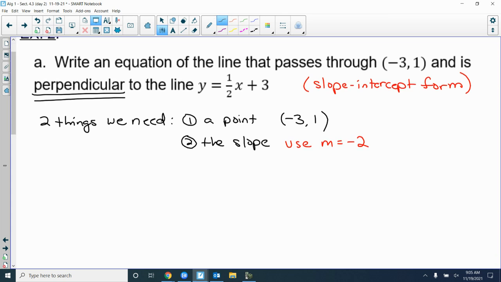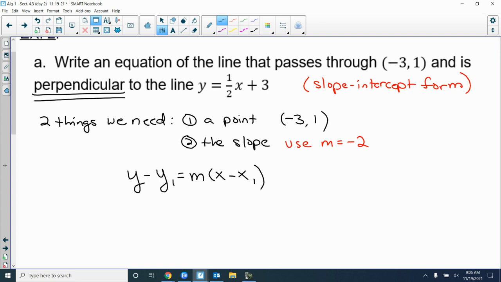So now I got y minus y1 equals m times x minus x1. And now we substitute in. Jeff, do you know how to substitute in? Yeah.